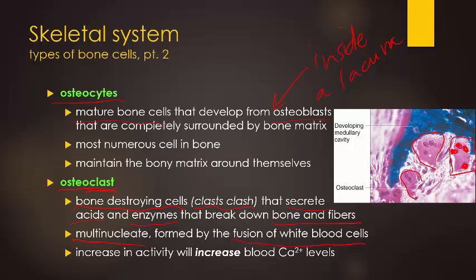And if the osteoblasts and even osteocytes are busy pulling calcium from the blood, well, the osteoclasts, when they increase their activity, are breaking apart all that bony matrix. What do you think is going to happen to calcium? Well, as they liberate calcium back into the blood, it's going to increase those blood calcium levels.